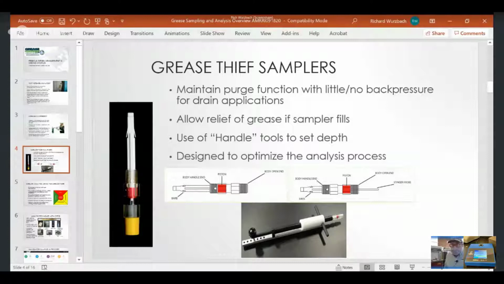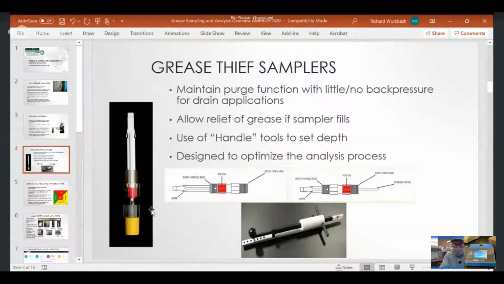We introduced the Grease Thief sampler here, in two different versions. One on the right here has a stinger probe, and the one on the left is what we might consider our standard Grease Thief. Together, they give us this clear plastic body, a cap that keeps the grease in place after the sample's been taken, a fitted piston, and the handle.